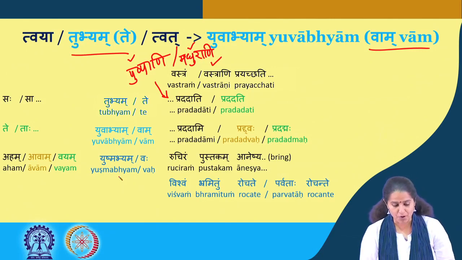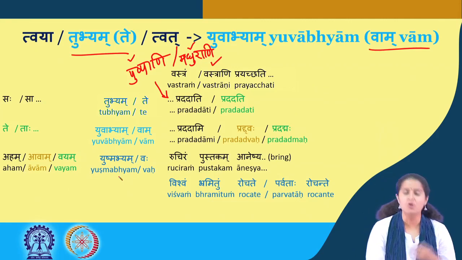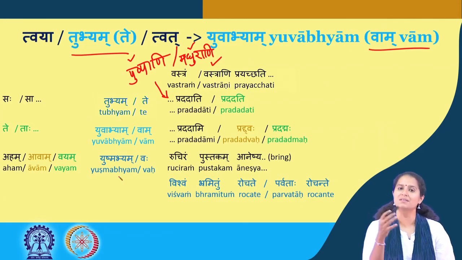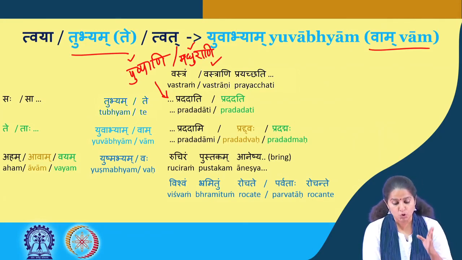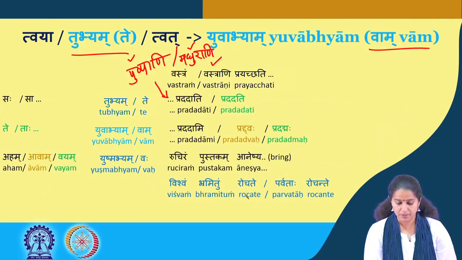Uttamam. Let's move on. So in this one we have taken the verb rochate and we've already done that before, but we'll do it with the subject, in a sense subject in this case, but we'll do it with the forms of the second person. So Tubhyam or te Vishwam Brahmitum Rochate. You like to go around the world.